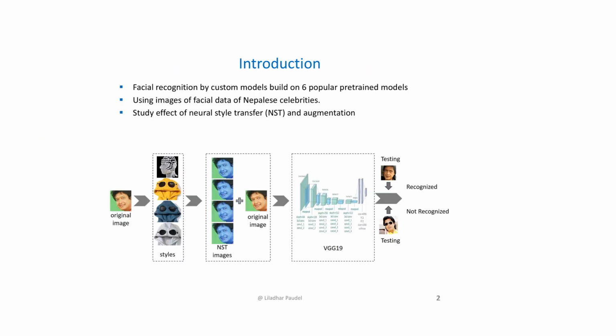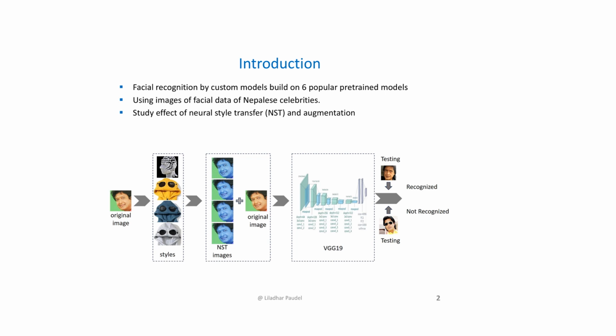This slide summarizes the overall process of facial recognition. It started with images of celebrities, which are subjected to neural style transfer, and I use 4 style images for the neural transformation.